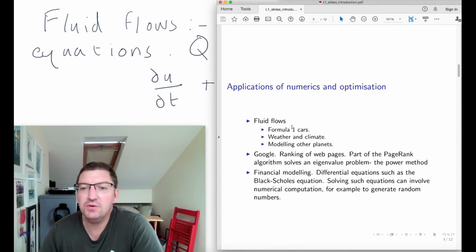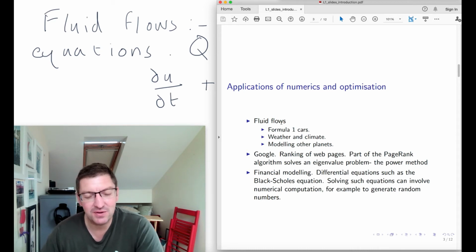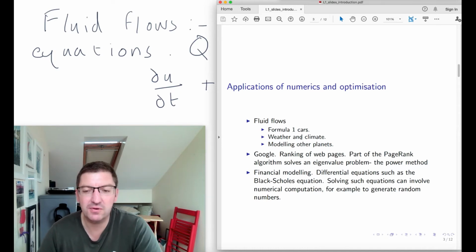I've just mentioned a few. Formula One cars: if you want to predict the flow around a Formula One car and make it as smooth as possible, so that the car goes as fast as possible, then you need to solve these fluid equations. Another example is weather and climate. This is my research area, in fact. If you do my fourth year module, you'll learn more about this modelling for weather and climate.